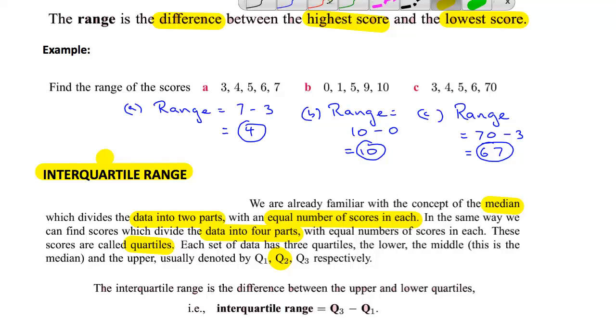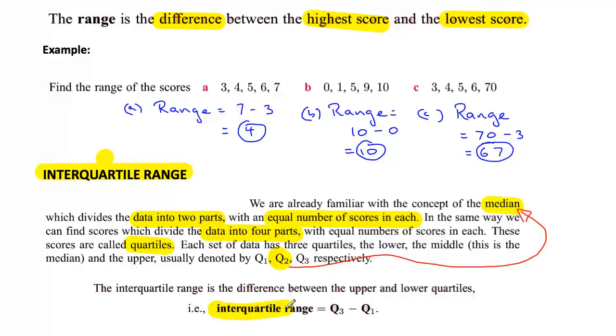So these link together. So Q2 is the median. Now, I'll show you this by example. It's quite easy to see, but there's the definition that you must know and that is that the interquartile range is the third quartile minus the first quartile.